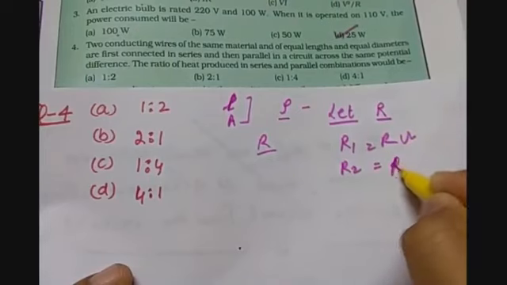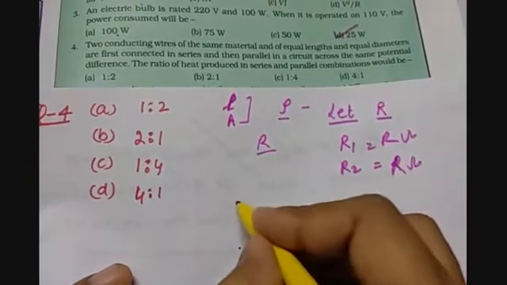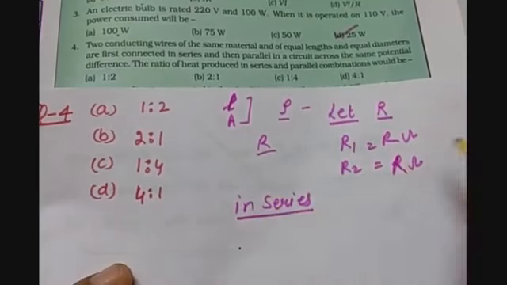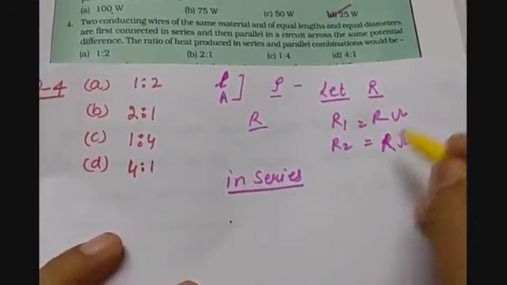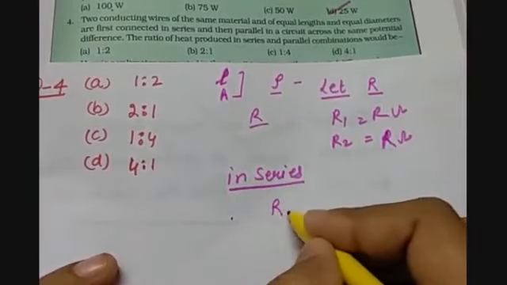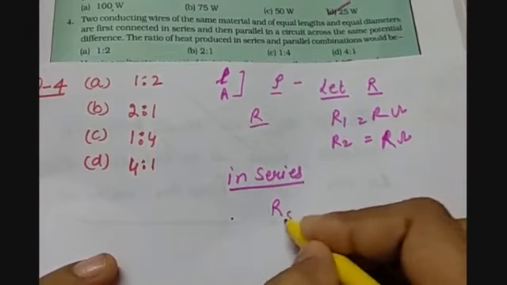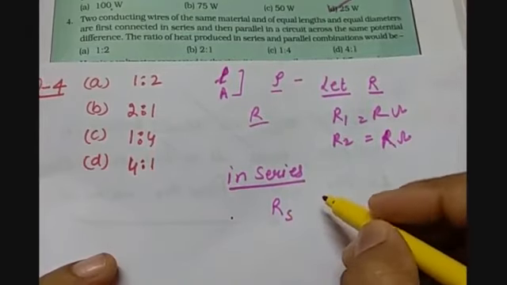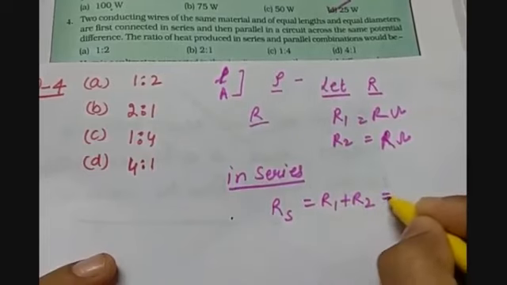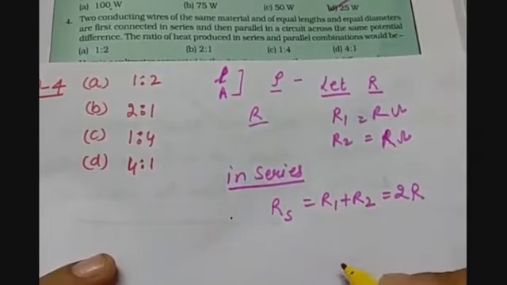In the series case, when these two resistors are connected in series, the equivalent resistance is R1 plus R2, that will be 2R.